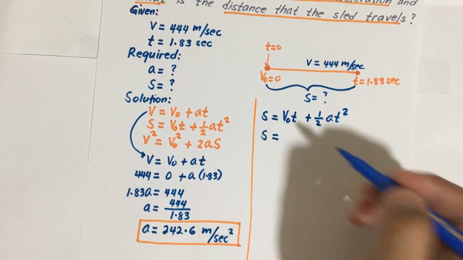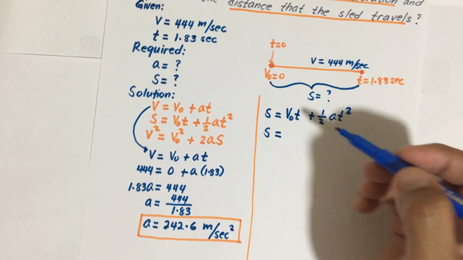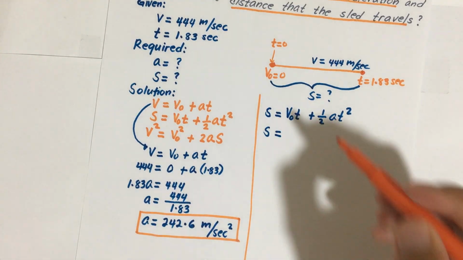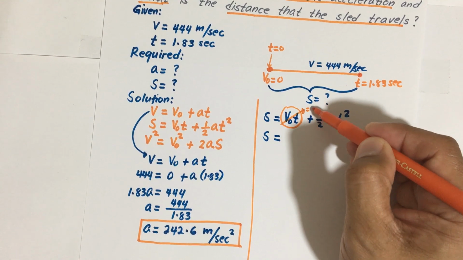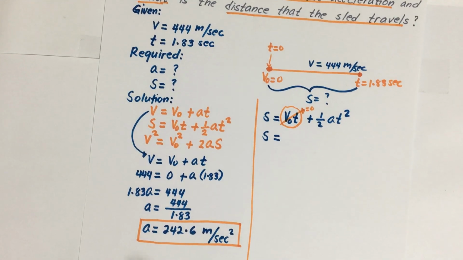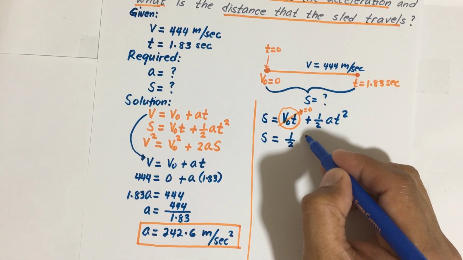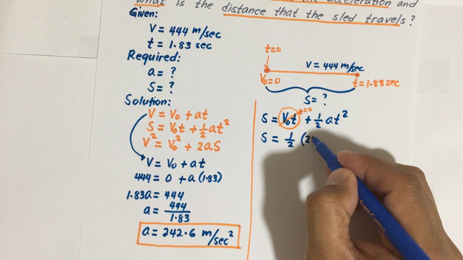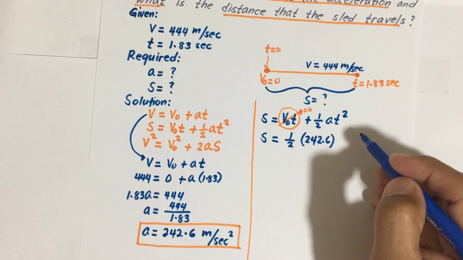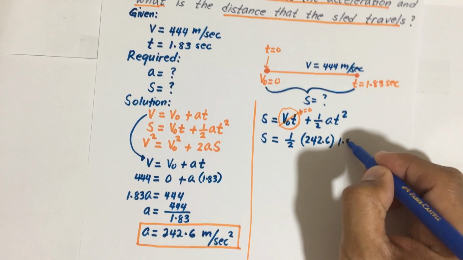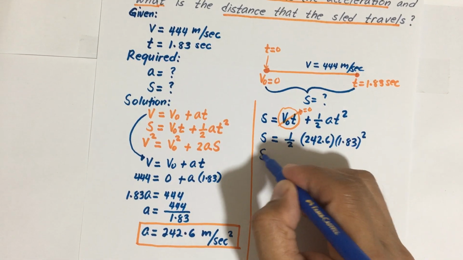Substituting, v sub 0 is equal to 0, so the first term is equal to 0. So we have S equal to 1/2 times a, our a is 242.6, multiplied by the time, that is 1.83, squared.